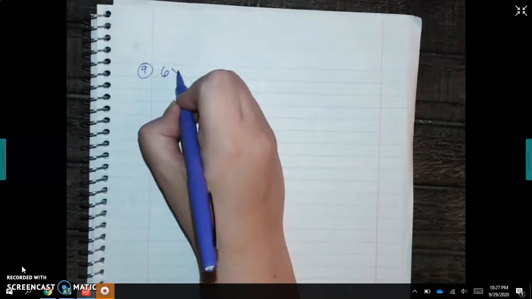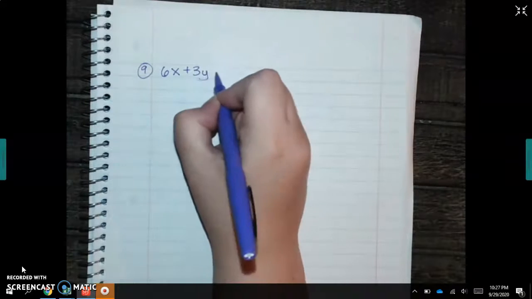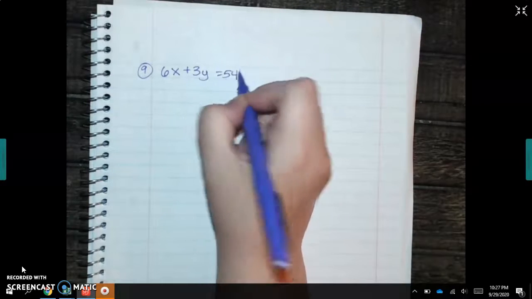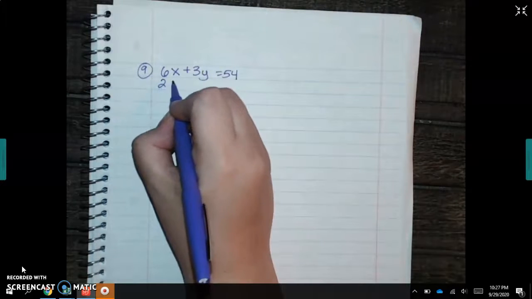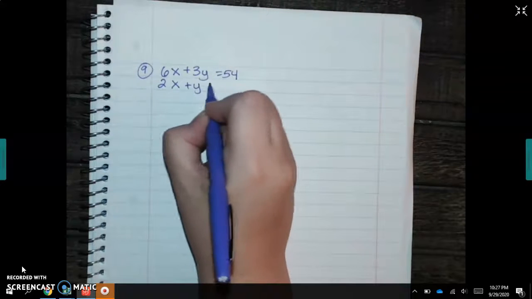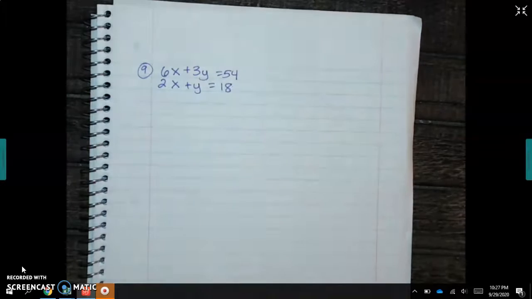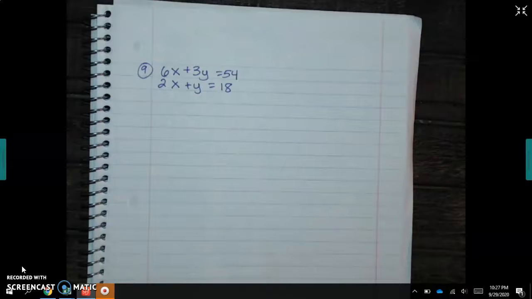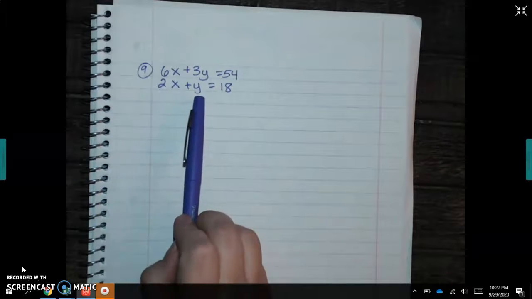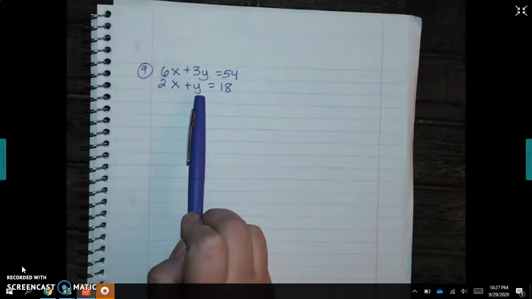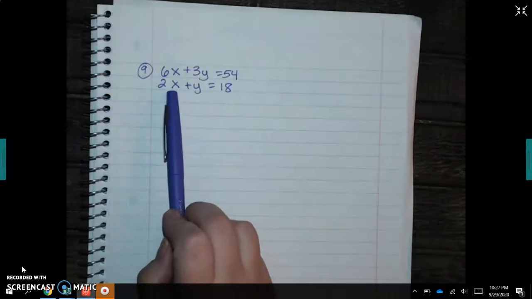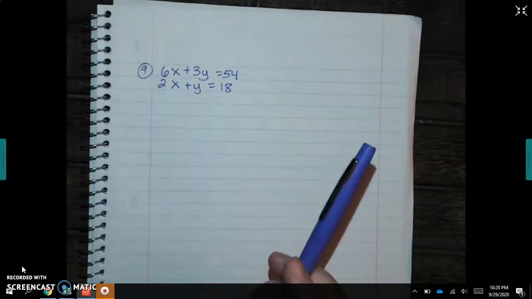You have 6x plus 3y equals 54, and you have 2x plus y equals 18. For this system, I would suggest that you try and get this y right here to be by itself. It is only going to require you to move the 2x to the other side of the equation.